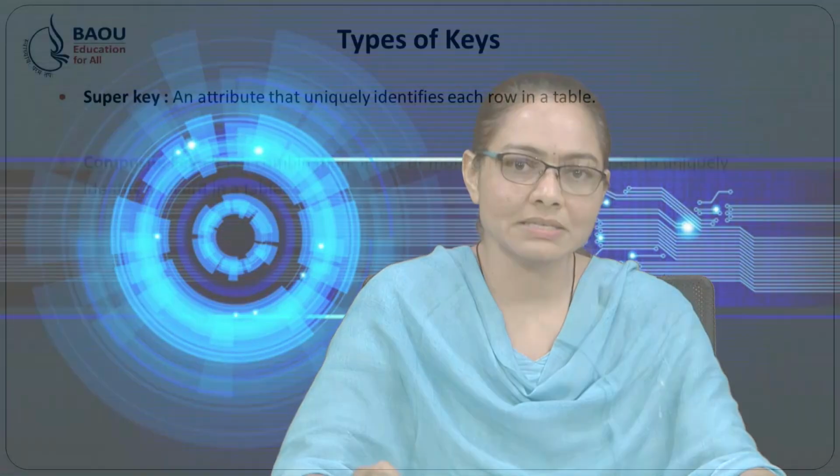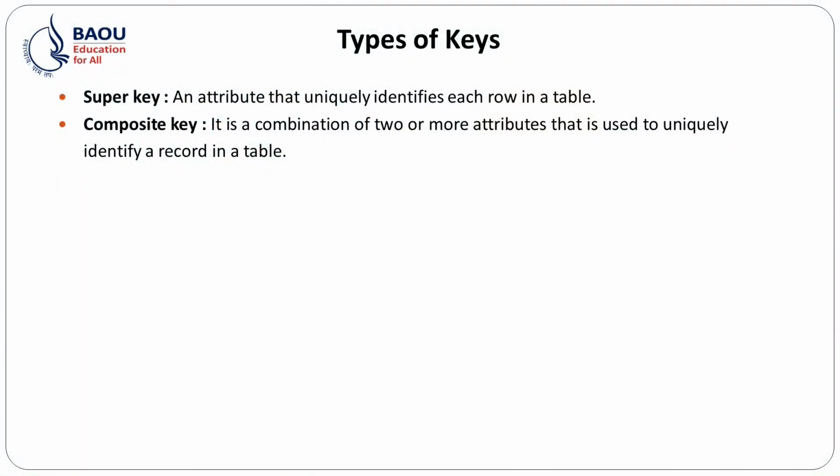Now next one is a composite key. A composite key is a combination of two or more attributes that is used to uniquely identify the records in the table. For example, the combination of both roll number and phone number uniquely identifies the records in the student table. So the combination of the roll number and phone number is a composite key.